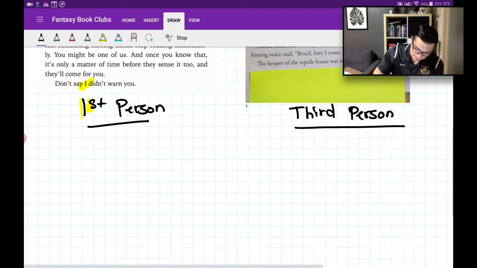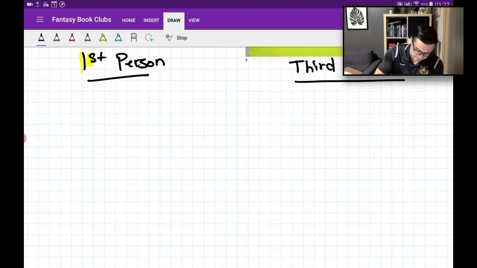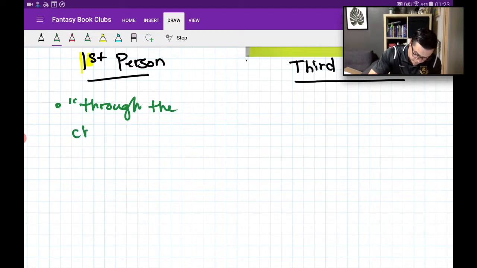So there are some different reasons that authors do this. With first person, one of the big things, and we talked about this a lot when we were writing, is that we can see through the character's eyes.